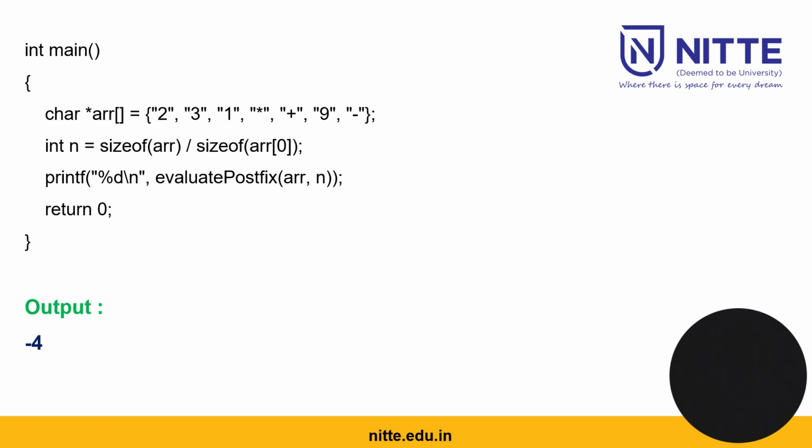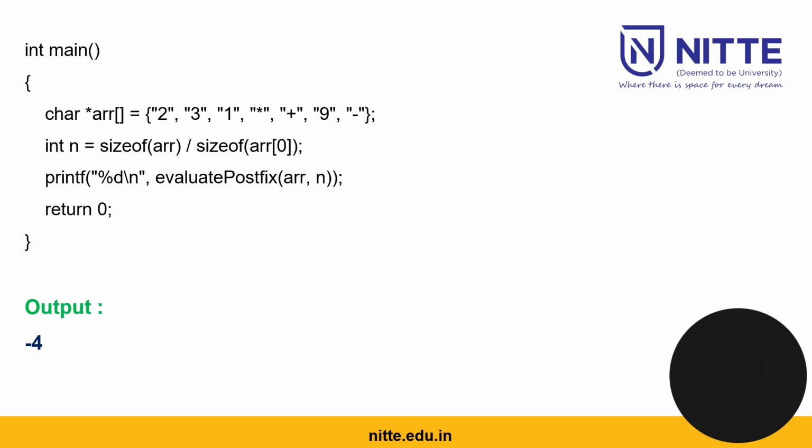Then I will call the function evaluate postfix of r and n. That means it will evaluate the postfix expression in the array with the number of elements in that array.